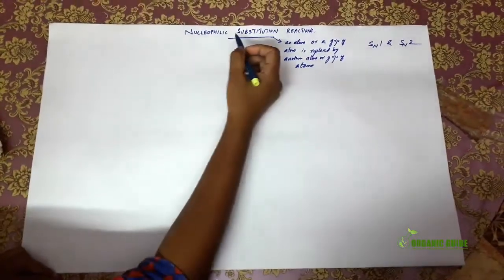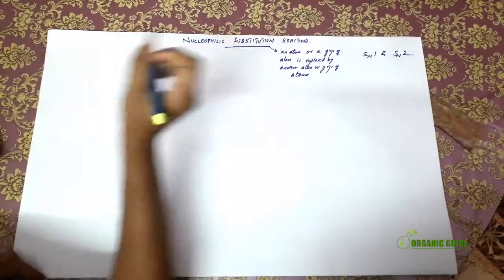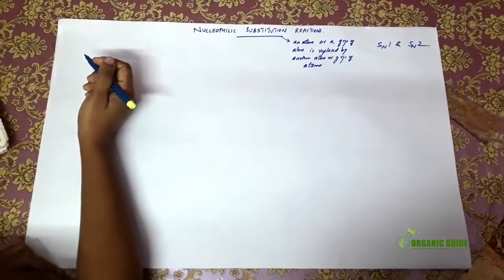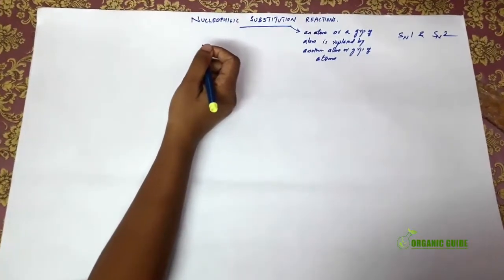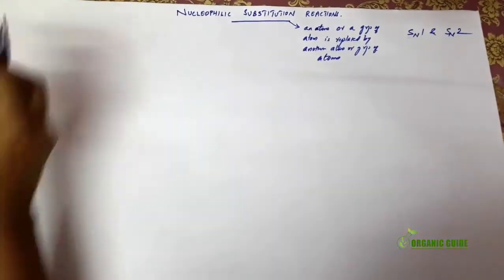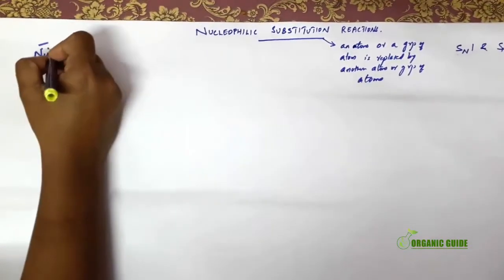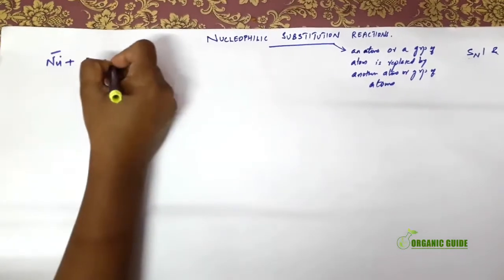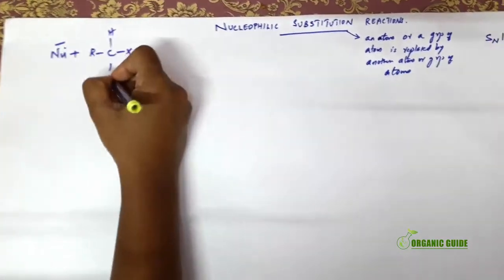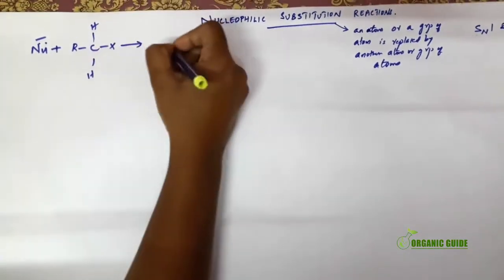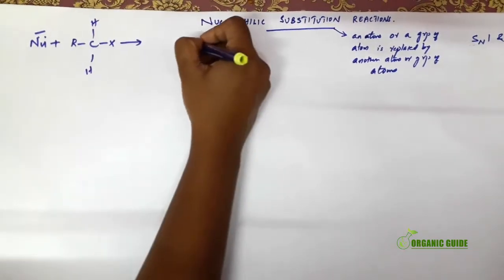These types of nucleophilic substitution reactions are classified into two, SN1 and SN2 reactions. Generally, nucleophilic substitution reactions are represented by the following equation. That is Nu, a nucleophile, when it reacts with an alkyl halide, we will get a substituted product, that is this halide ion is substituted with a nucleophile.